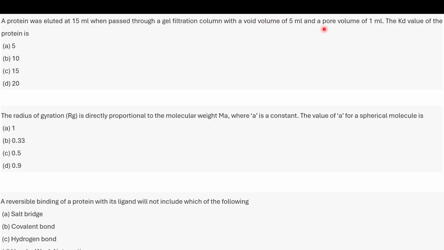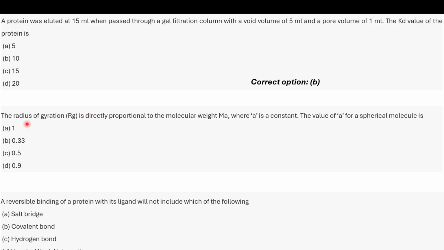Okay, so the KD value of the protein is, can anyone answer? So it will be the eluted volume minus the void volume divided by the pore volume. Okay, so it is 15 minus 5 divided by 1. Answer will be 10. Okay, option B.